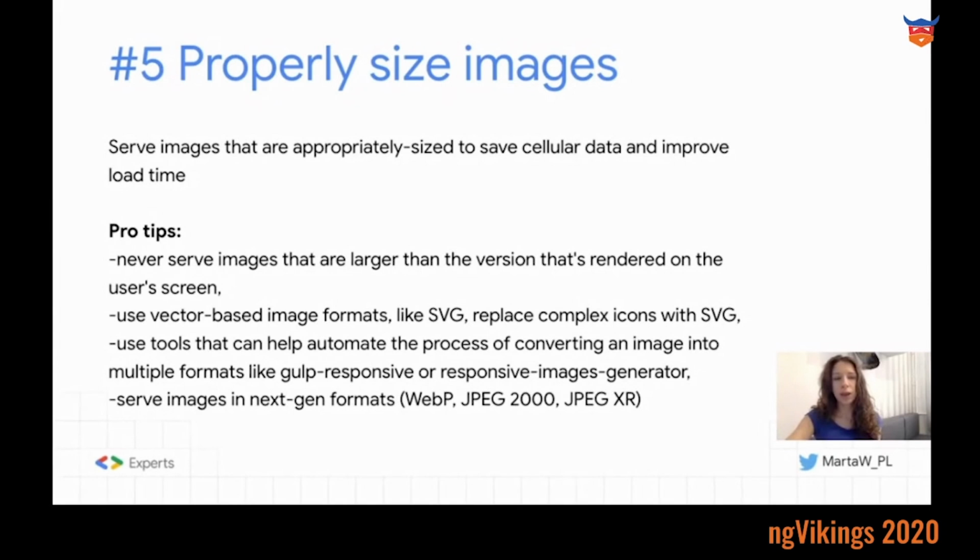And now we also have great next generation formats that are better than typical ones like PNG, that have better compression and quality characteristics compared to PNG. So if you want to load faster and consume less cellular data, you should encode these images in formats like WebP or other next generation formats.